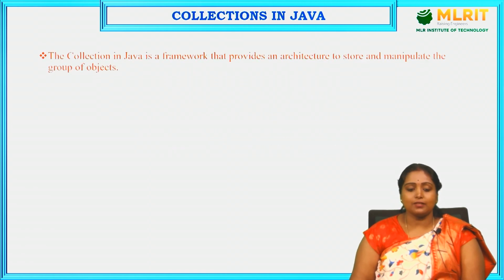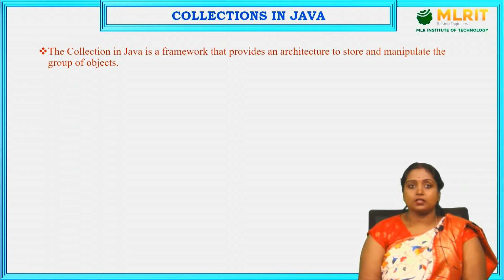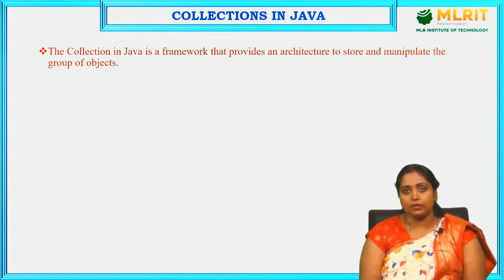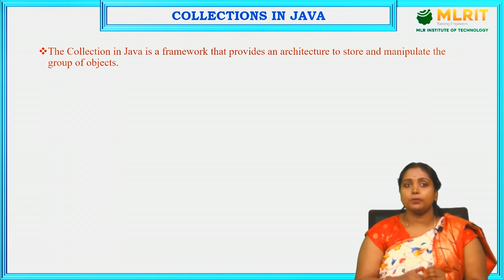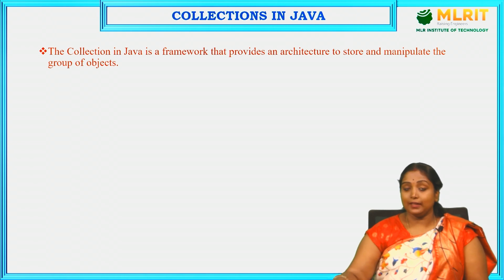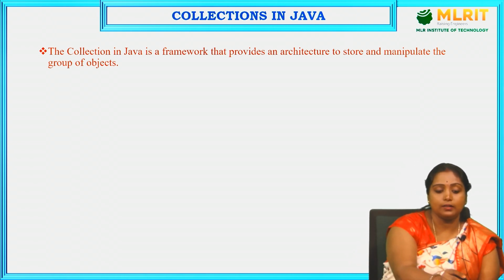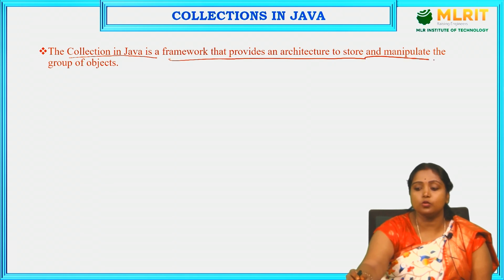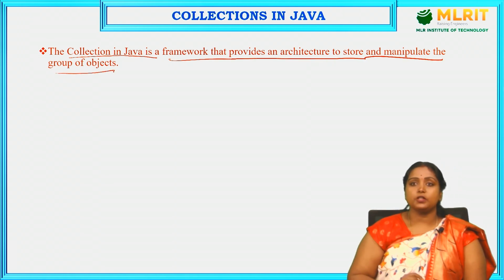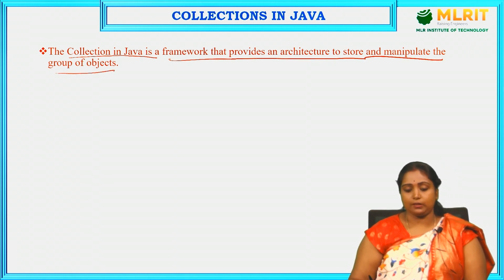Coming to collections in Java. What is a collection? Collection in Java is a framework that provides an architecture to store and manipulate a particular group of objects, that is, to perform operations on a particular group of objects.